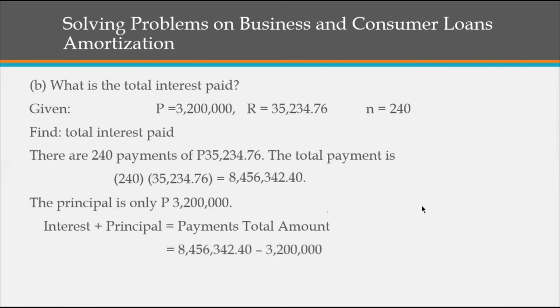Okay, so we have the 8,456,342.40 minus 3,200,000. And the difference is 5,256,342.40. Ayan ngayon ang ating interest amount. And that's it.